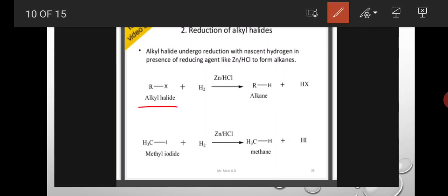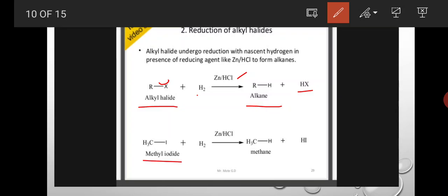Okay, here RX is the alkyl halide. It undergoes reduction with hydrogen in the presence of zinc HCl and is converted to alkane. RH means alkane, or simply we can say the halogen is replaced by hydrogen. The alkyl halide is converted to alkane and hydrogen halide.